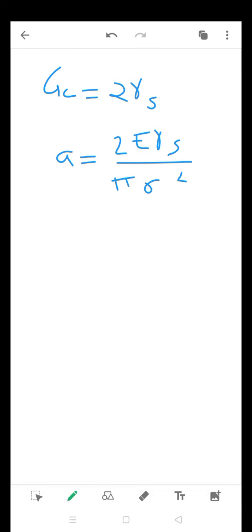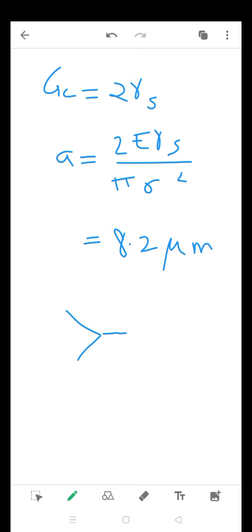If I put the values, the value of A comes out to be about 8.2 maximum. This is the maximum length of the crack possible before it starts to fracture, because if this is the crack, it will start to fracture from here, this amount of length.